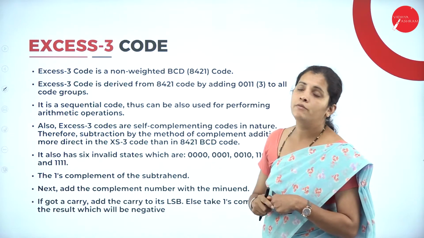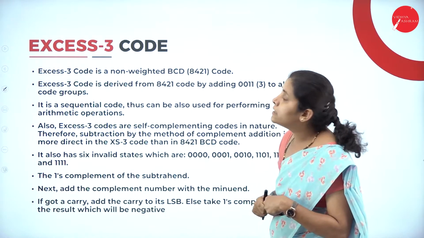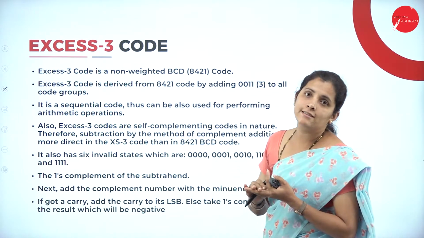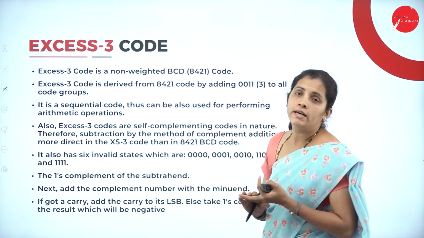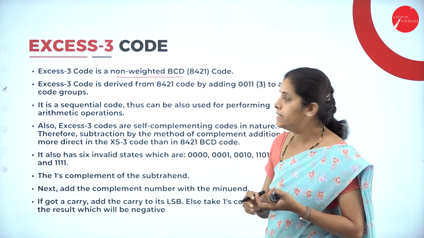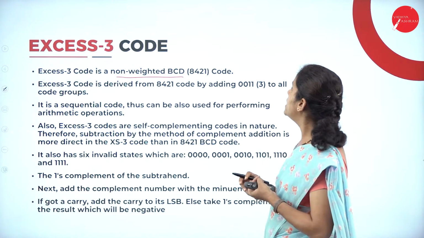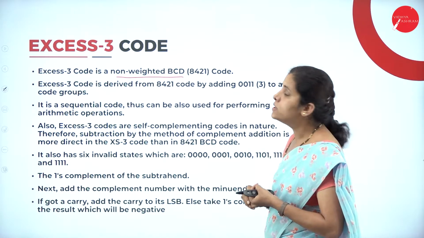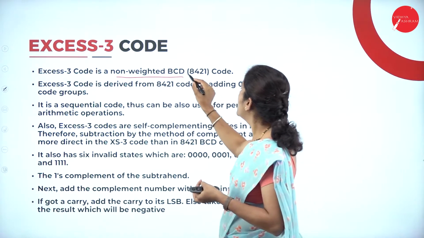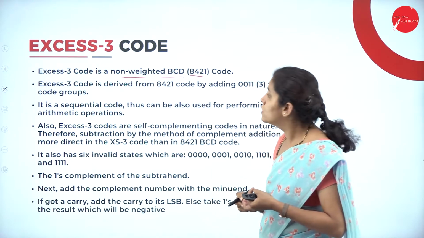Moving further, we are going to get the Xs3 code. Then what is Xs3 code? It is a non-weighted BCD code. I repeat, it is a non-weighted BCD code. So how are BCD codes represented? By using the 8421 code.